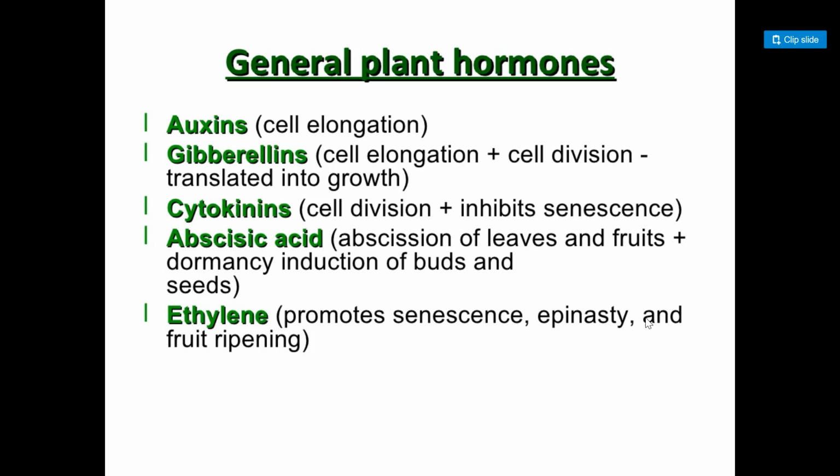Cytokinins. So it'd be one of these 2 here, gibberellins or cytokinins. One of those 2 is going to be the most likely to contribute to increased cell division and increased plant cell growth.